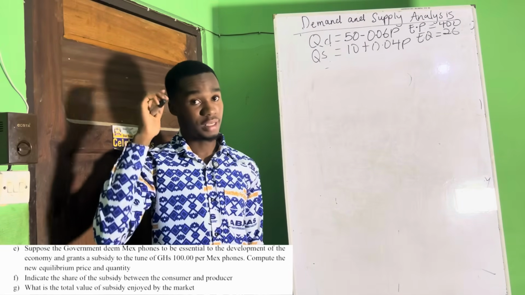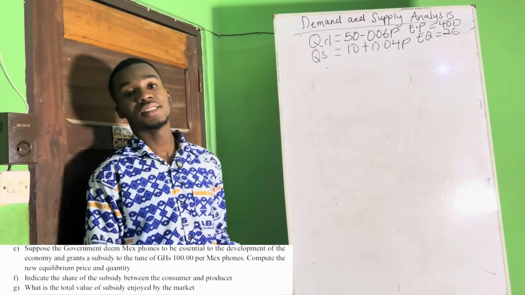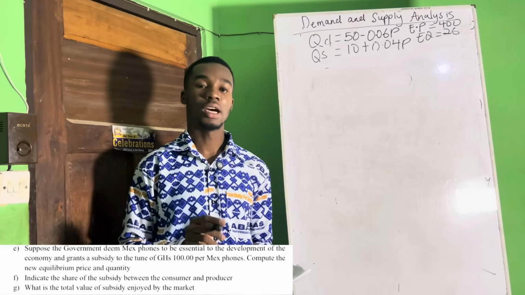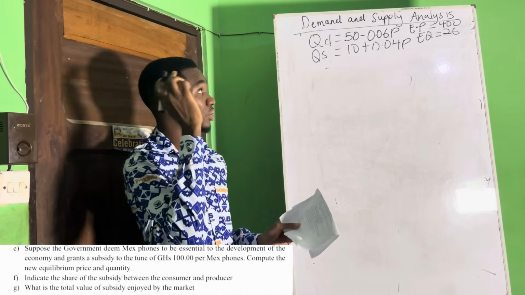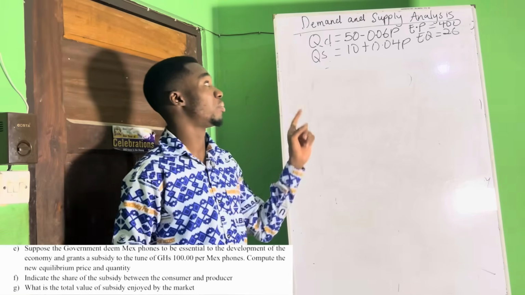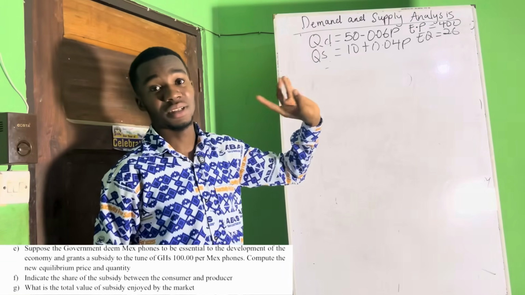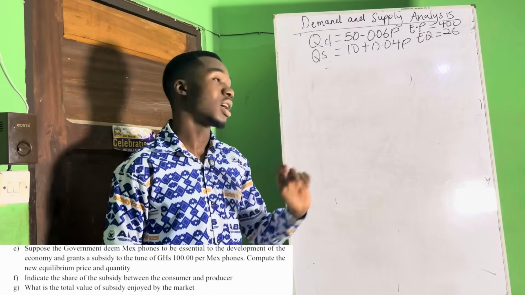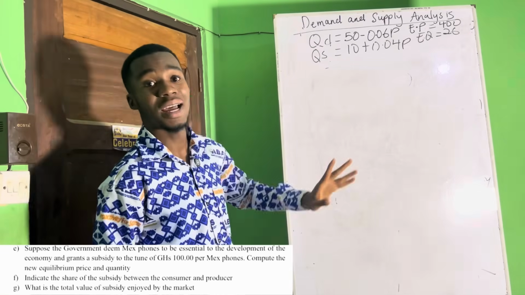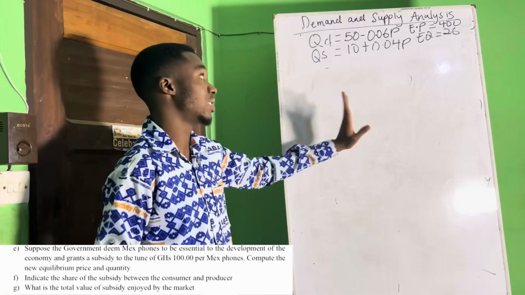But before you solve for the E, just put this in your mind. Anytime a tax is introduced, you are going to subtract the tax from the price in only the supply function. Whether a tax or a subsidy, they only affect the supply function.